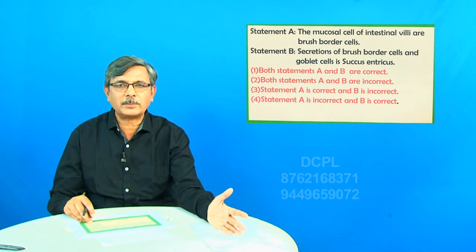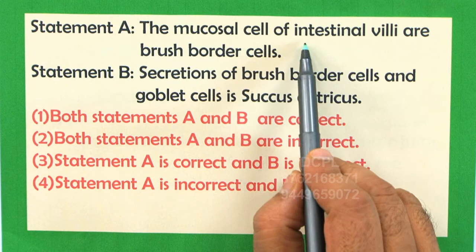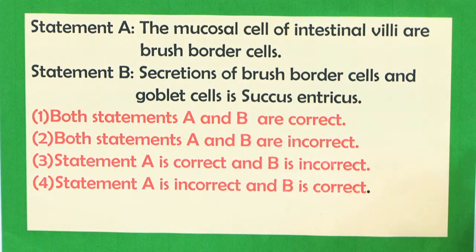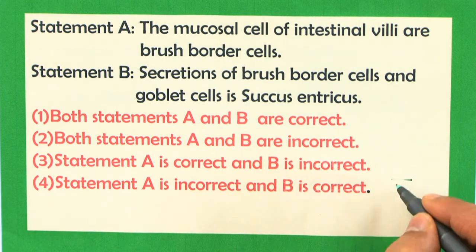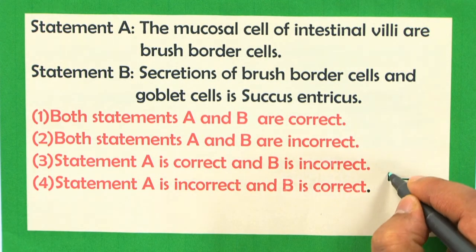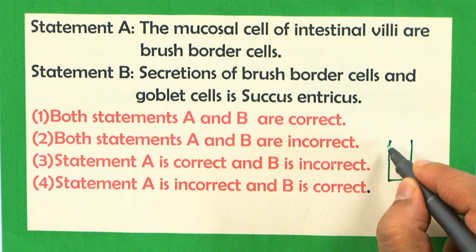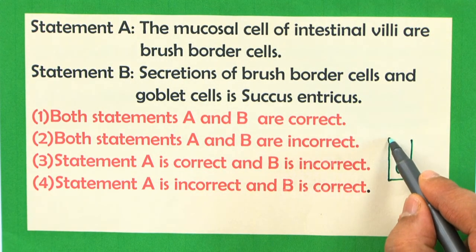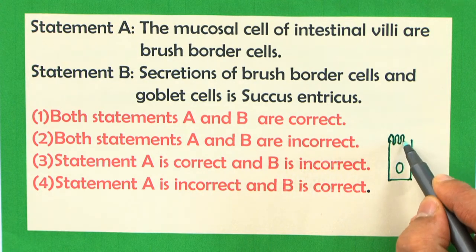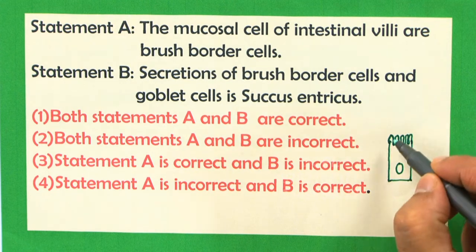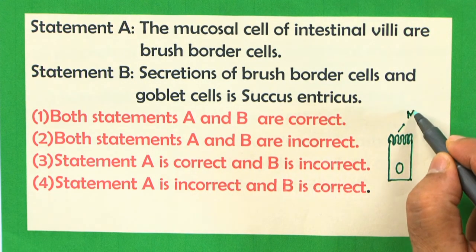Let me come to statement A. The mucosa cells of intestinal villi are brush border cells. What do we mean by brush border cells? Remember, if you take a mucosa cell, it is tall, pillar-like or column-like. The free surface of the mucosa cell has infoldings that increase the surface area and we call these infoldings microvilli.